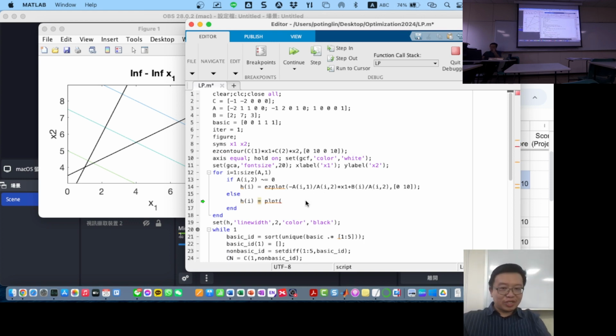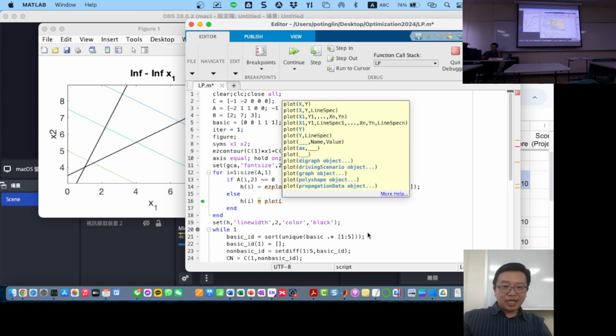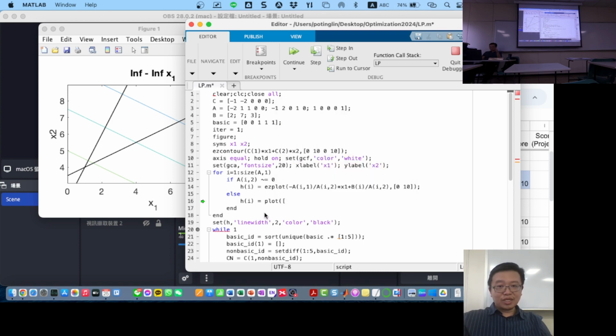So where is that position? It's basically B divided by A1, then 0. Yeah. And draw this to 10. Okay.